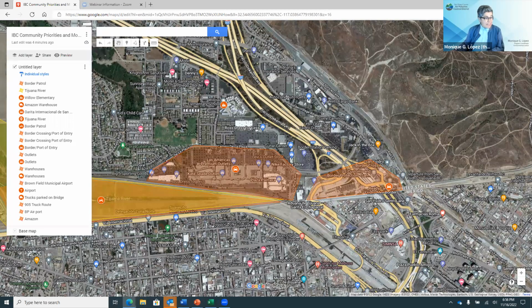Absolutely, absolutely. And so identifying those key areas that are near those emission sources, and identifying whether there are buffer areas, vegetation or other things that could be put in place to protect those individuals.